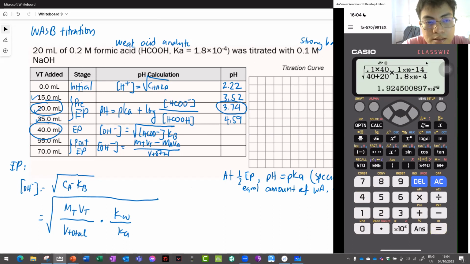Ano to? This is OH. So let's take the negative log. We get the pOH, 5.72. Eh gusto ko pH. So anong gagawin ko? It's 14 minus the pOH. So 8.28 ang sagot dito.